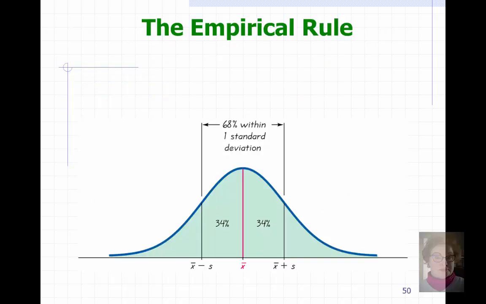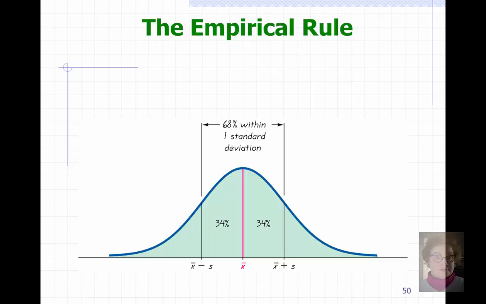So here's a picture. Here's our mean in the middle. We go above the mean 1 standard deviation unit, below the mean 1 standard deviation unit, and 68% of the individuals in that data set will fall in that range.